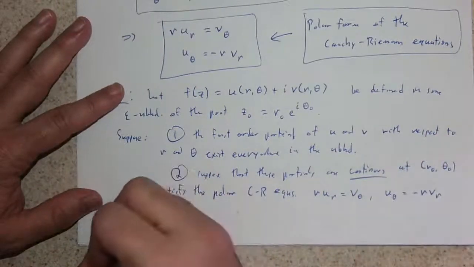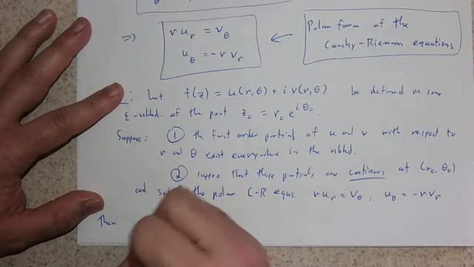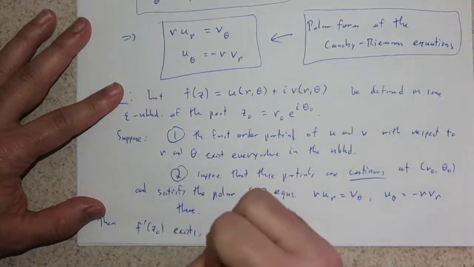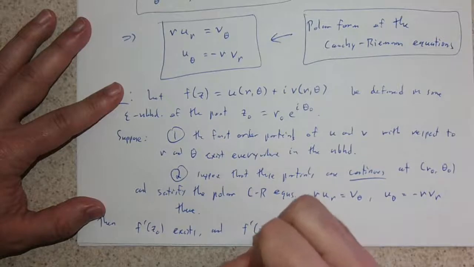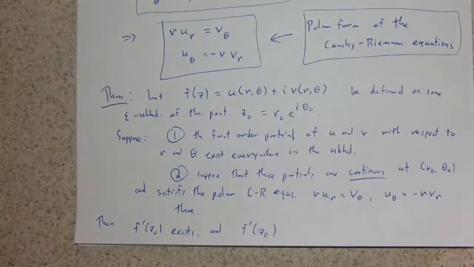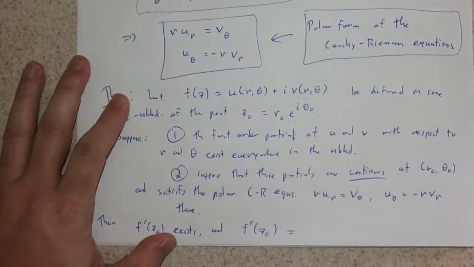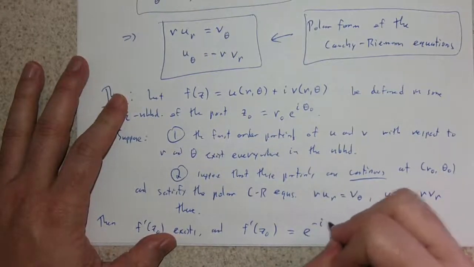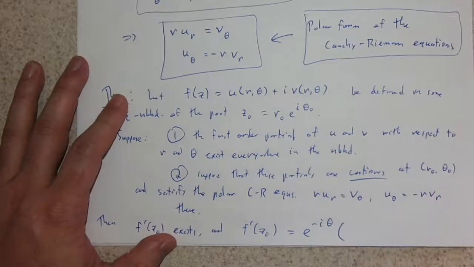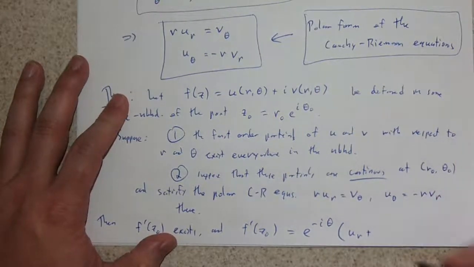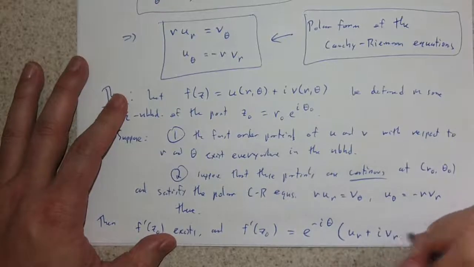Then f prime of z naught exists, and f prime of z naught can be computed directly as e to the minus i theta times u sub r plus i times v sub r.